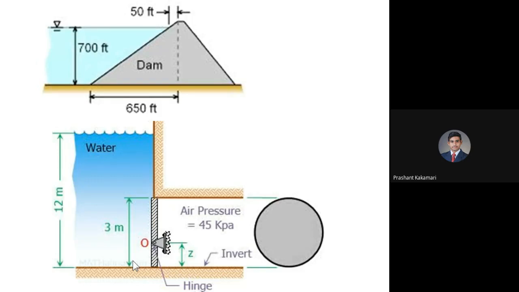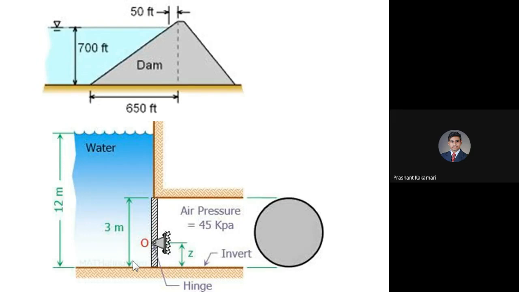Similarly, I have taken one more case: a gate fixed below a water container, and the water is again assumed to be in a static condition, without any flow or external forces. So only by gravitational force is the water stored in the container, and the pressure head, or the forces, increase as we go to the bottom.